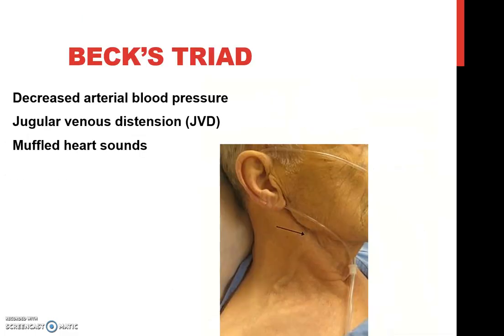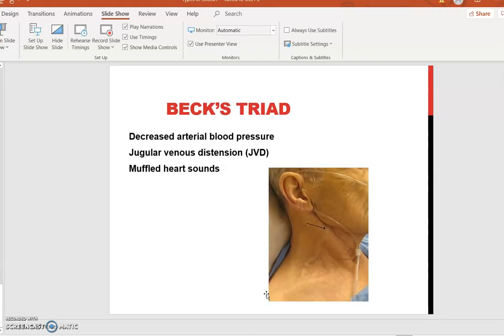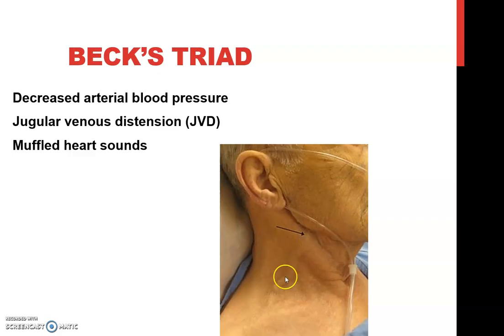There you can see a picture of a distended neck vein. That is JVD. If somebody has a really thick neck, that's going to be hard to pick up. Decreased arterial pressure, muffled heart sounds. A lot of people have muffled heart sounds and don't have cardiac tamponade. Not a really reliable symptom, but that narrowed pulse pressure is.